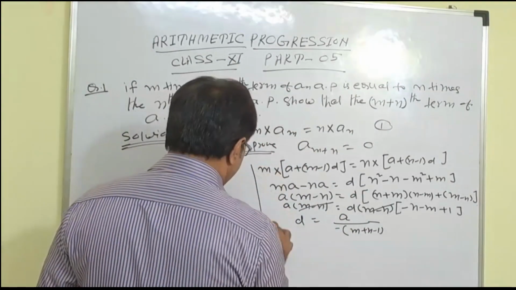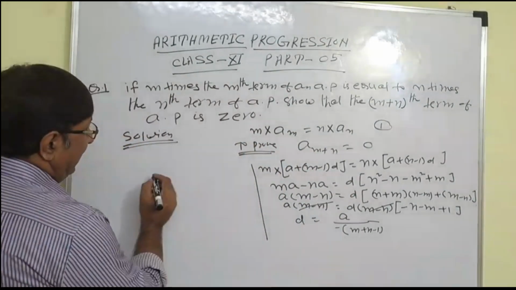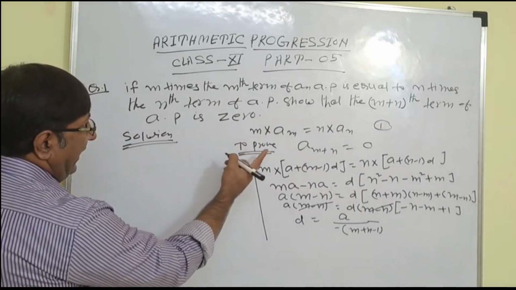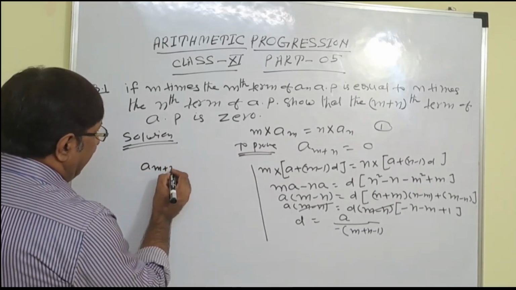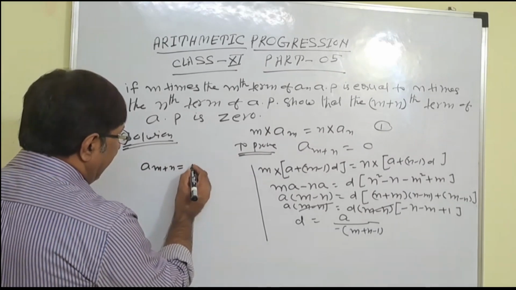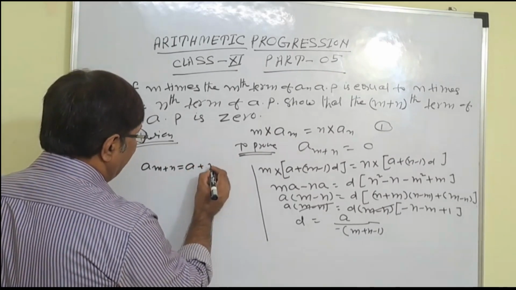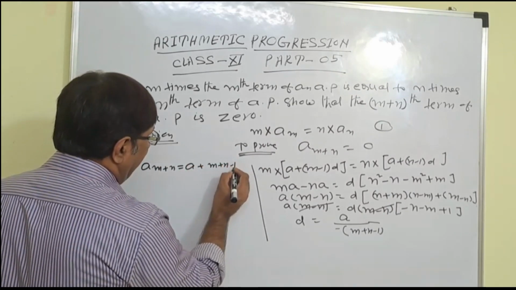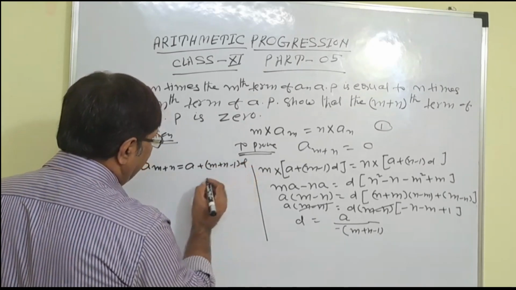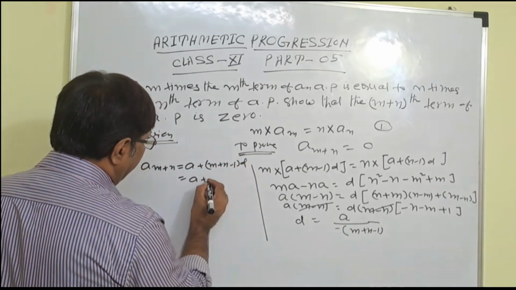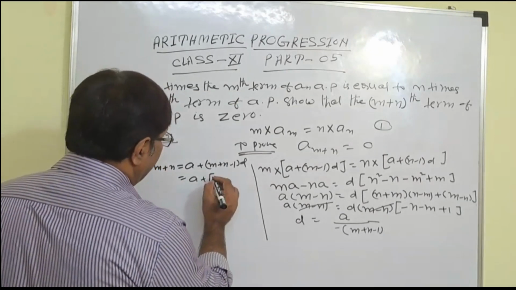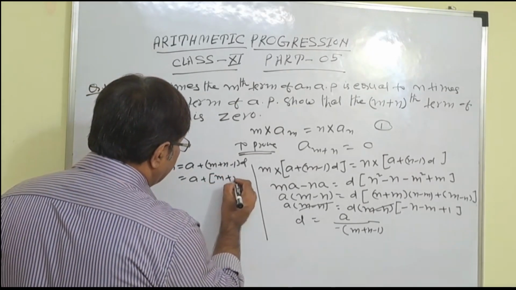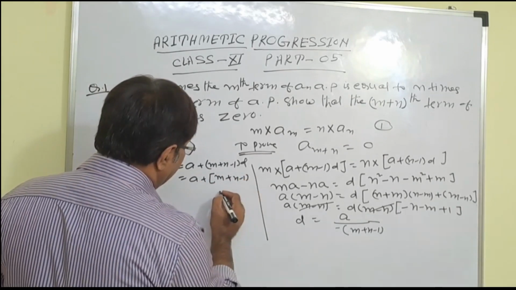Now you see, we can find the LHS, that is a m plus n. So we are finding a m plus n. You know the formula a plus n minus 1, so a plus m plus n minus 1 into d. So here we are writing m plus n minus 1 and into d.